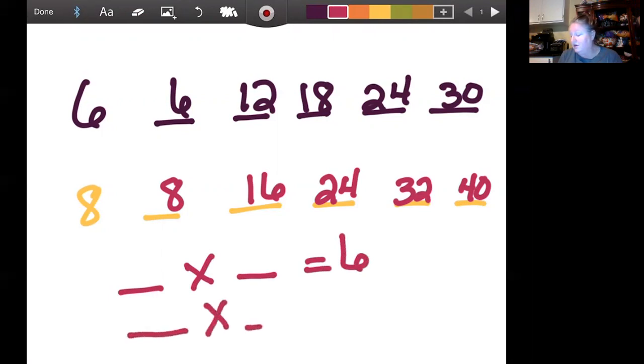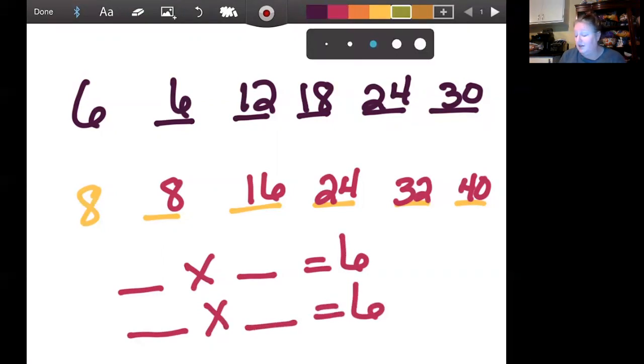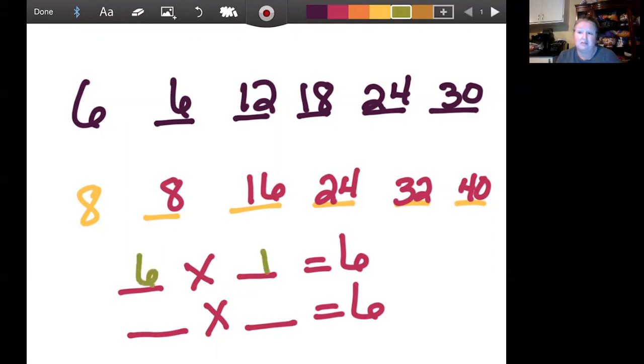So we could have 6 times 1. Those are factors of 6. They could be multiplied together, make 6. And we could have 3 times 2. Those are factors of 6. Okay, so we have our multiples and our factors. Our factors are numbers that are multiplied together to get a product.